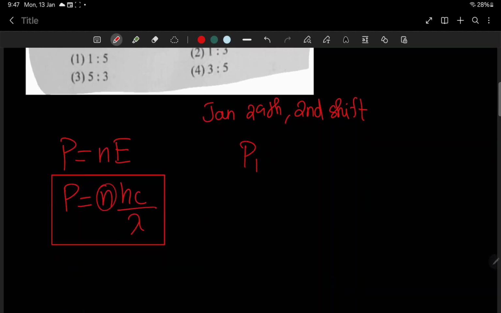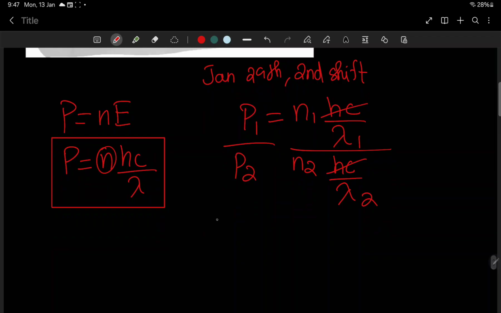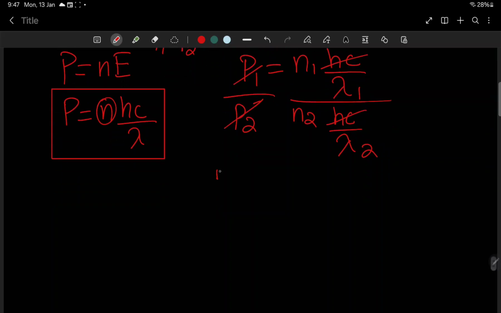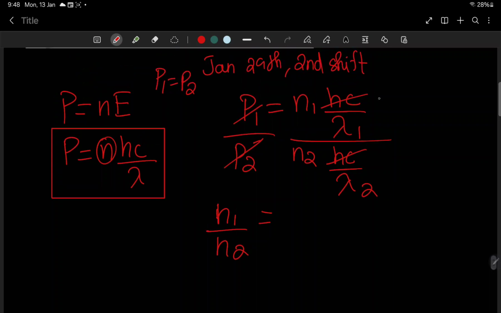So first one, power 1 is equal to N1 HC by lambda 1. For the next source, power 2 is N2 into HC by lambda 2. Simply cut HC. So we get power 1 and power 2 are equal, P1 is equal to P2 is equal to 200 watt. We can cut them also. So we get N1 by N2 is equal to lambda 1 by lambda 2.